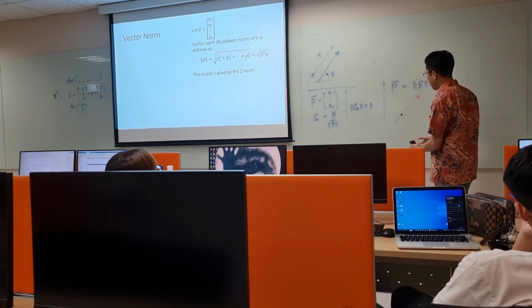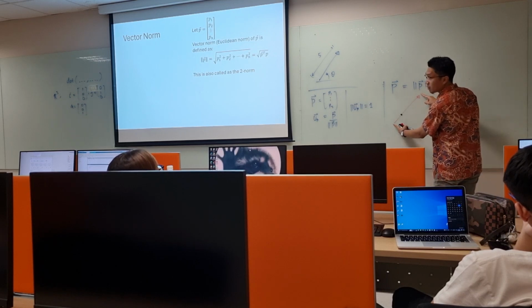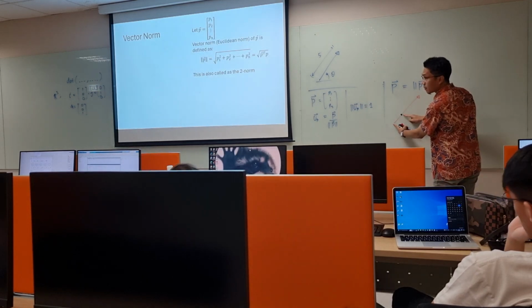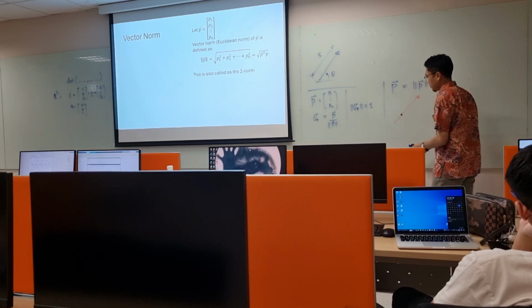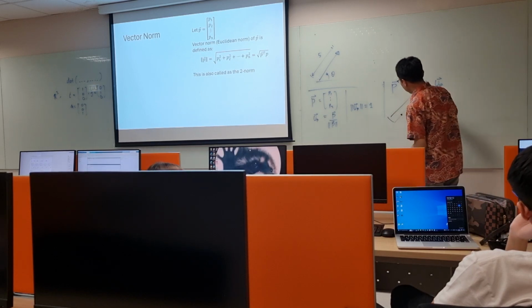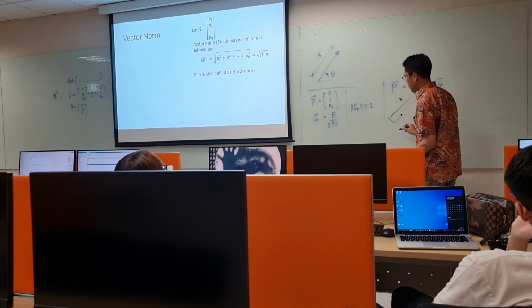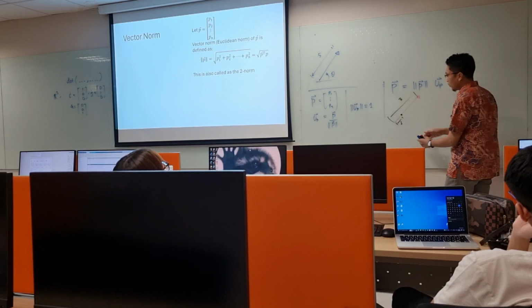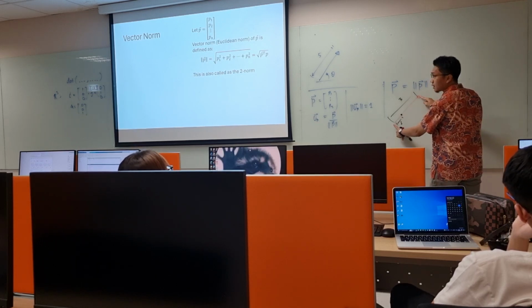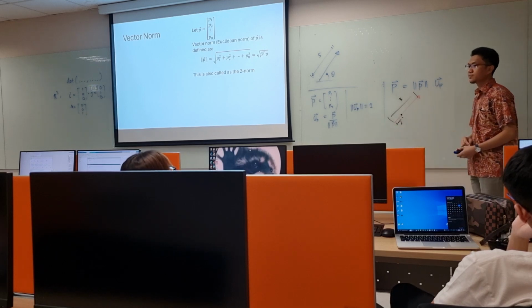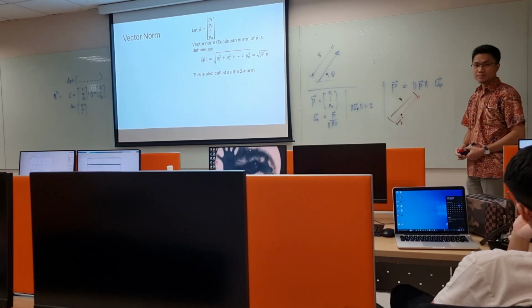I can represent p by this vector, but then I multiply by the length of this. Let's say the length of p is 3. This is 1. So if I magnify the arrow 3 times, I get it here, right? So that's my vector. Okay?